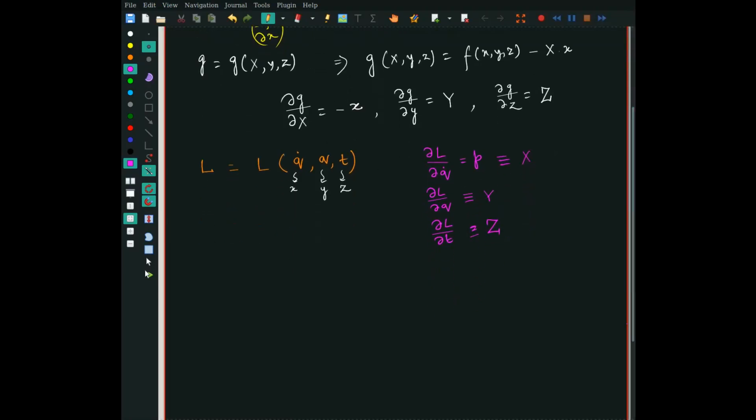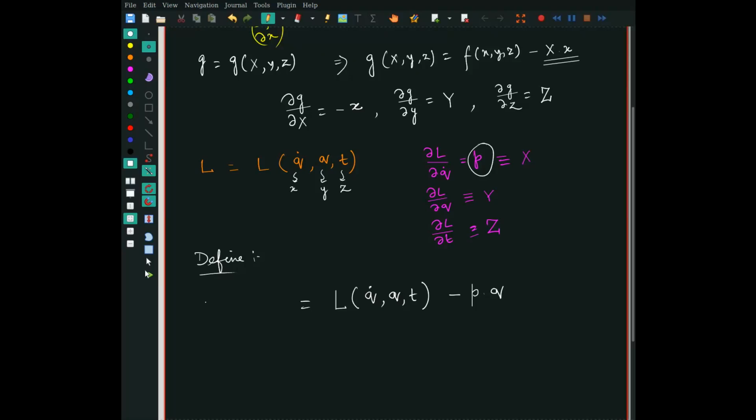Now I can define a function. Let us define a function that is L of q dot, q, t minus, so remember this is X times x, where X is basically my p, so p times q.